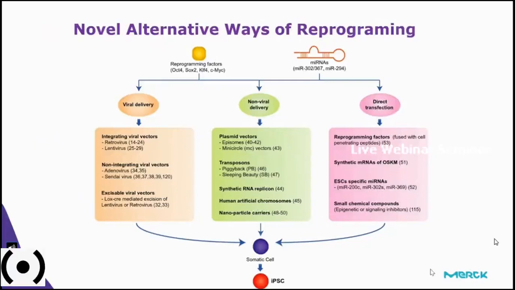So these are the latest advancements: instead of delivering through retroviruses, can we deliver without integrating into the genome? Can the same kind of reprogramming be done by chemical compounds? Can specific miRNA or mRNA be used, right? So these are the latest advancements which are going on as alternative ways of reprogramming.